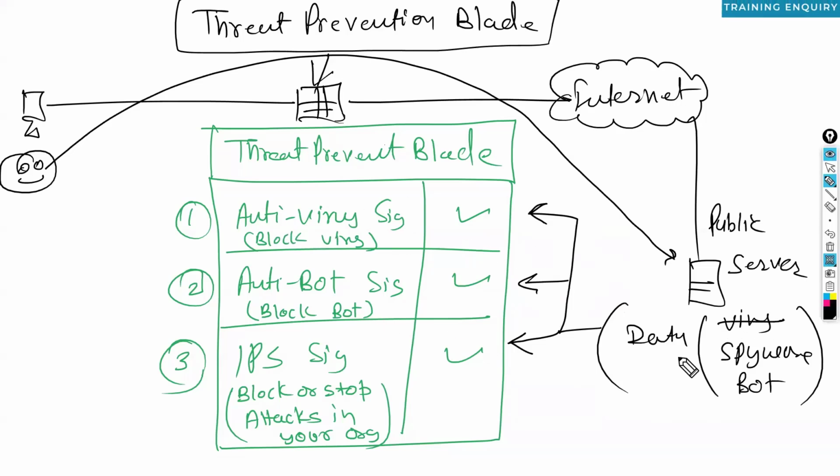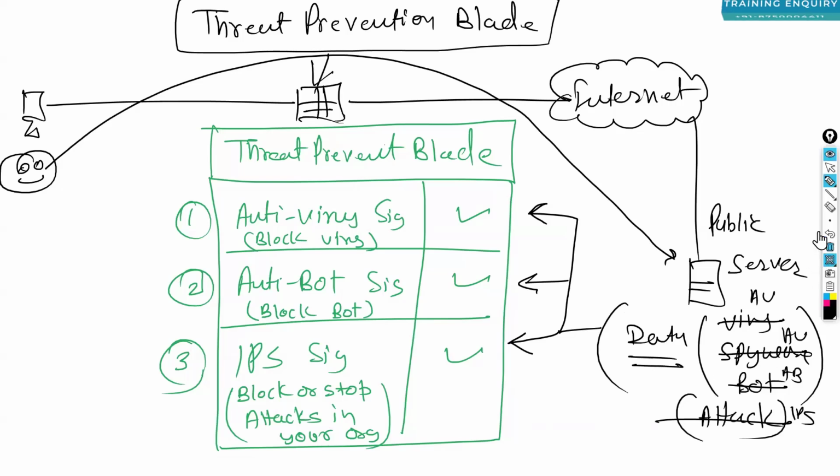Viruses and spyware will be blocked with the help of anti-spyware. If you have any bot, that will be blocked by anti-bot. And if there is any attack in that data, that attack will be blocked with the help of IPS signatures.